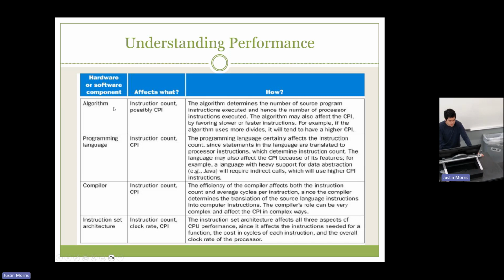Basically, the worse your algorithm is, the more instructions it will require. And you can also affect the CPI by affecting the instruction mix. So if your algorithm is very inefficient with memory, then you're going to have more memory instructions, moving data in and out of the CPU, and higher CPI.